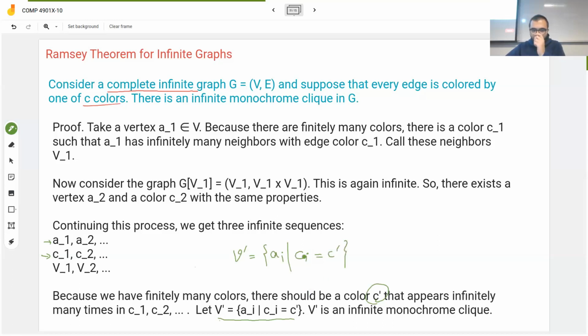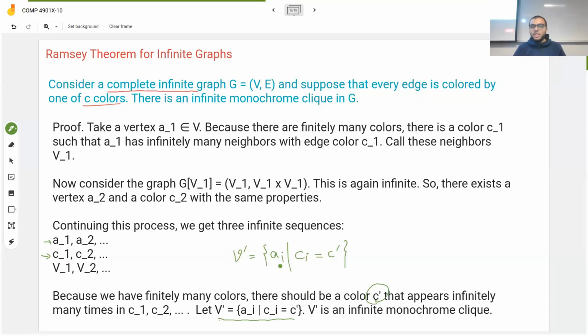Remember, the color that I picked for AI was a color from which I had infinitely many edges going out of AI. Now, my claim is that this V prime is an infinite monochrome clique. First of all, V prime is infinite. Why is it infinite? Because by definition, C prime appeared infinitely many times.